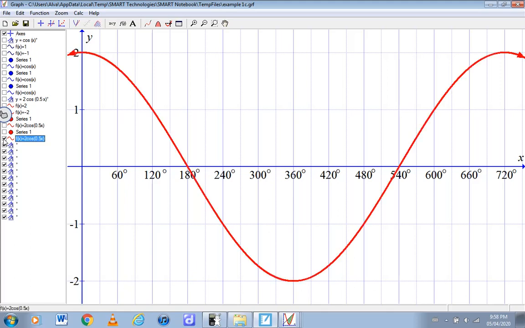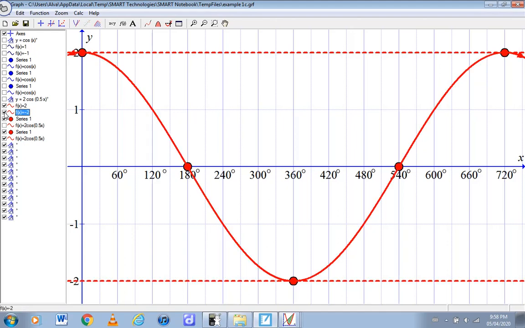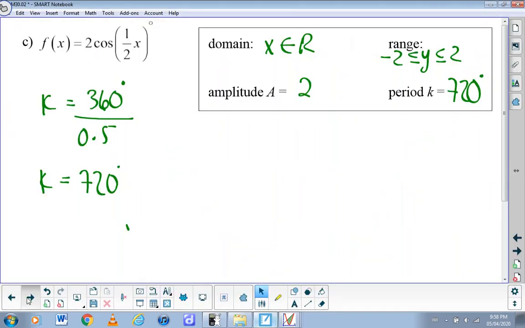Notice that the start point is at the top, and it goes down. Cosine always starts at the top and goes down, unless it's reflected vertically. You can see the amplitude is 2. I can even put in these lines for you so that you can see them. And you can see that it goes down, down, up, up, but it takes 720 degrees, which is the period. Let's take a look at D.